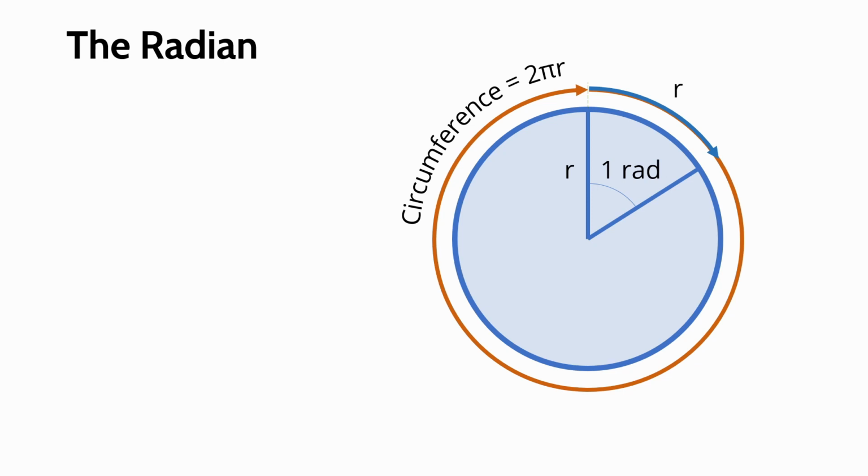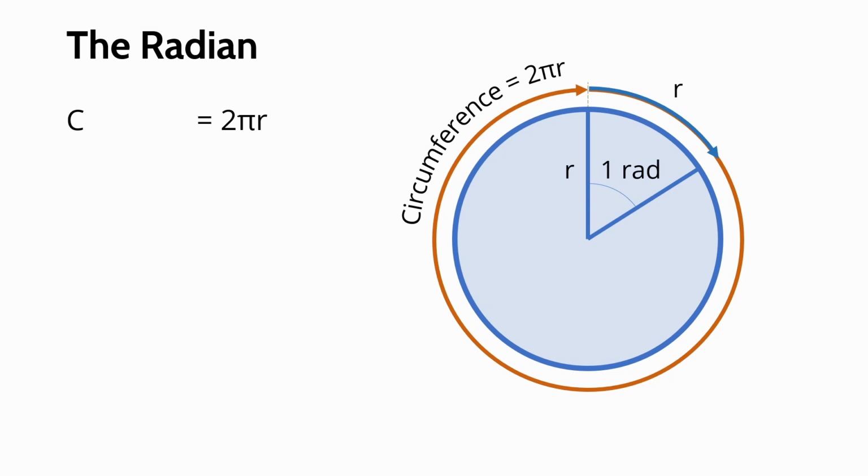So you're used to a degree, which is 1/360th of a complete turn. So what is a radian in degrees? Because the circumference of a circle is 2 pi times the radius, well, if we consider this arc of length equal to the radius, there must be 2 pi of those in one complete circumference.